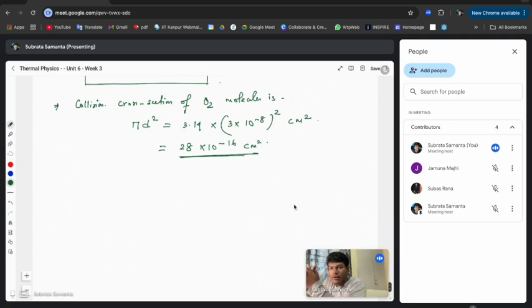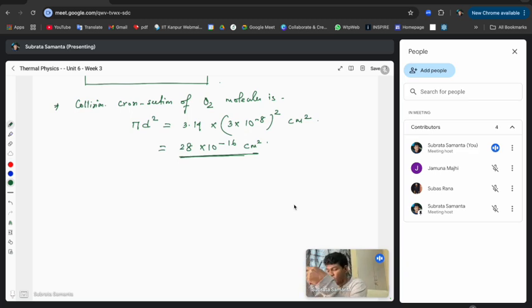If not, then I will discuss some basic problems related to thermal conductivity. How do we measure thermal conductivity?